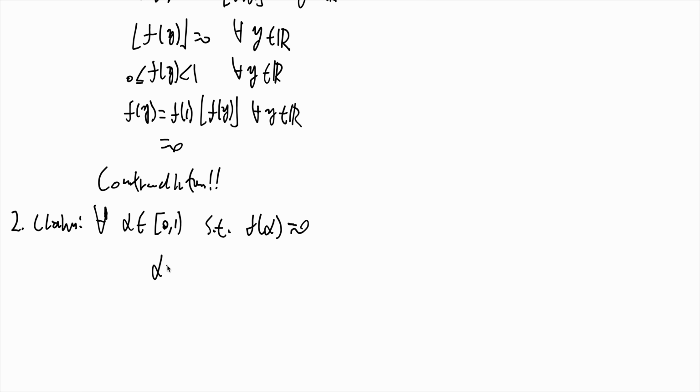So let's say that alpha is equal to a over n, or a over, so alpha is always positive, so a over a plus 1. I think we can do this.